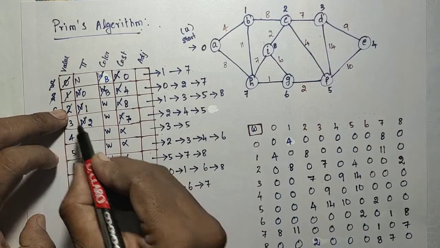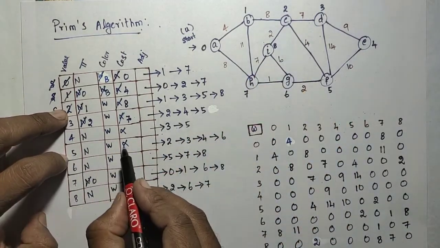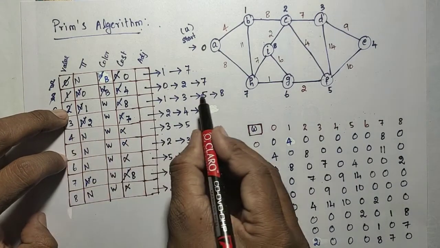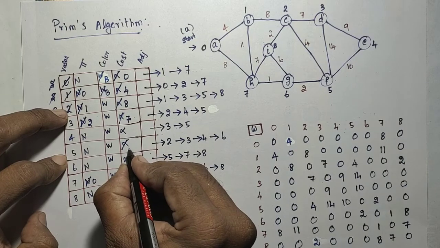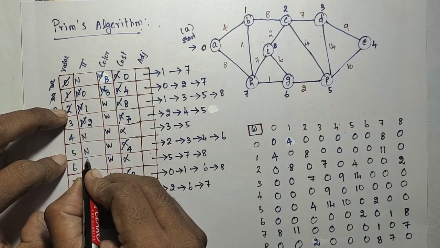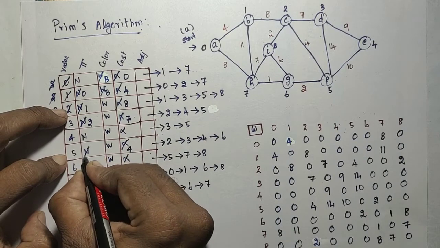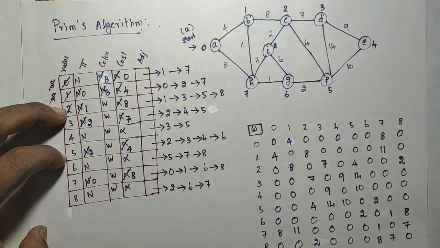Then go for the next, 5. 5 is not visited. 2 to 5 is 4. The existing cost is infinity, so the cost is updated to 4, and the parent is updated with 2. Okay.